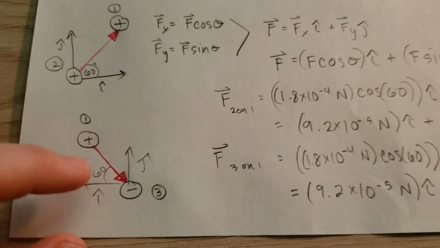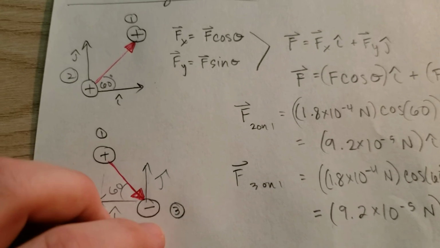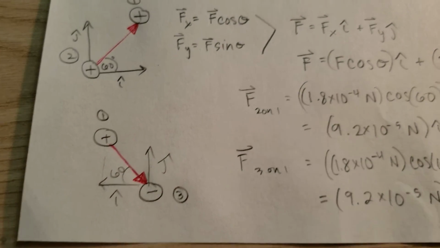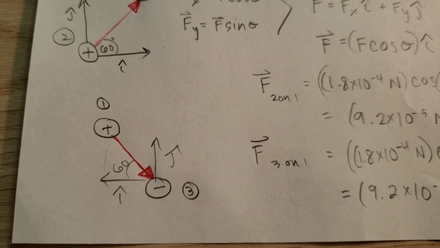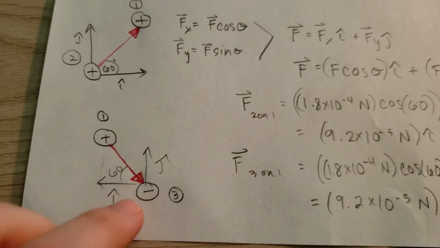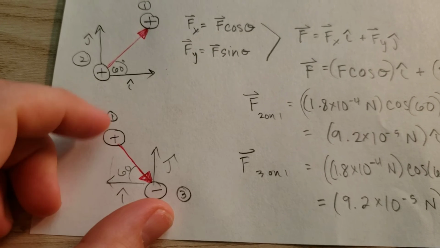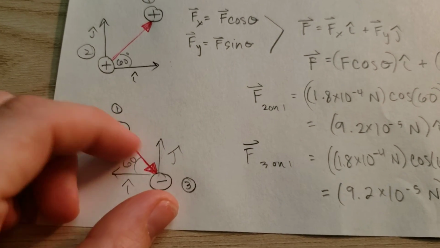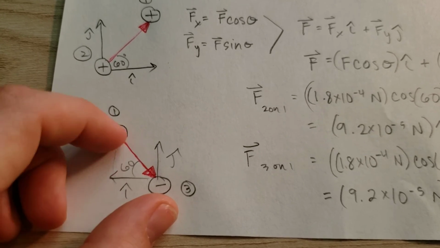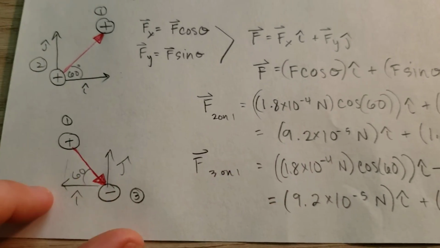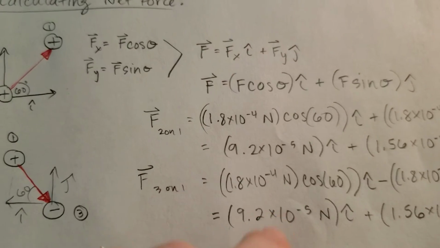And then we need to do the same thing for that second force acting on 1. So for that one, I've drawn it out again. And for this one, we need to be careful because, as you can see, the vector is pointing in the negative j hat direction. So we need to make sure that we subtract the j rather than add it.